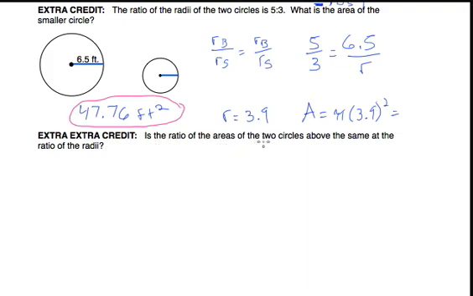Now, the extra credit asks, is the ratio of the areas of the two circles above the same as the ratio of the radii? So what's the ratio of the radii? 5 to 3, right? What is the ratio of the areas of the two circles? So what are we comparing here? We're comparing, let's say, the radius of the big circle to the radius of the small circle should equal the area of the big circle over the area of the small circle.